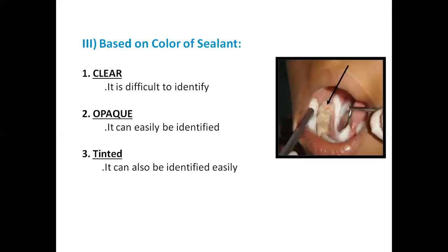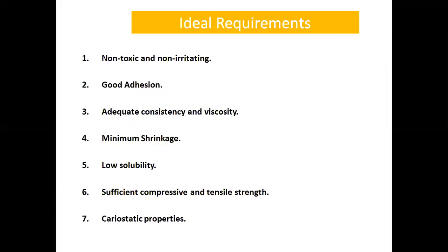Then they can be colored sealants. They can be clear, opaque, or tinted. Colored sealants are easily identifiable, but if it is clear, then it is difficult to identify. Then there are some ideal requirements for pit and fissure sealants.